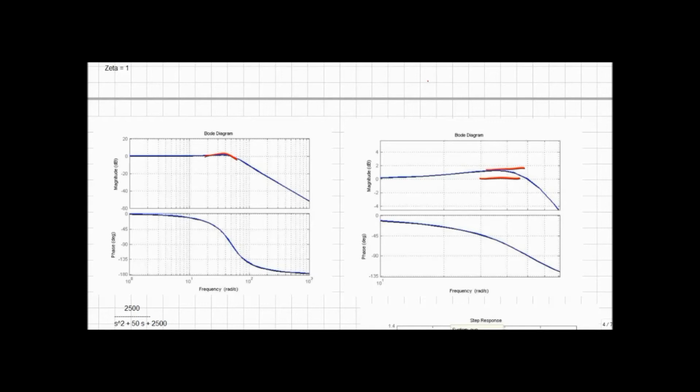I think the best solution for finding omega n and zeta is to look for where it crosses 90 degrees. I get basically 50 radians per second as my omega n. I can look at it in this blown up one here. So that gives me an omega n of 50. My k, again, it's 0 dB, so k is equal to 1.